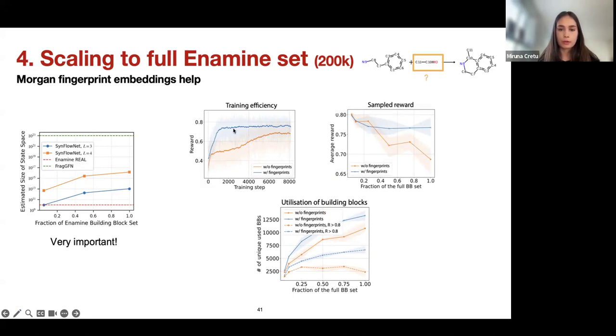And we see that with fingerprints, we have much better training efficiency. And when we move along the axis of scaling to larger and larger action spaces, we preserve higher rewards compared to not using that bias of fingerprints. And we also utilize more building blocks. So the model explores more of the action space compared to when we don't use fingerprints.